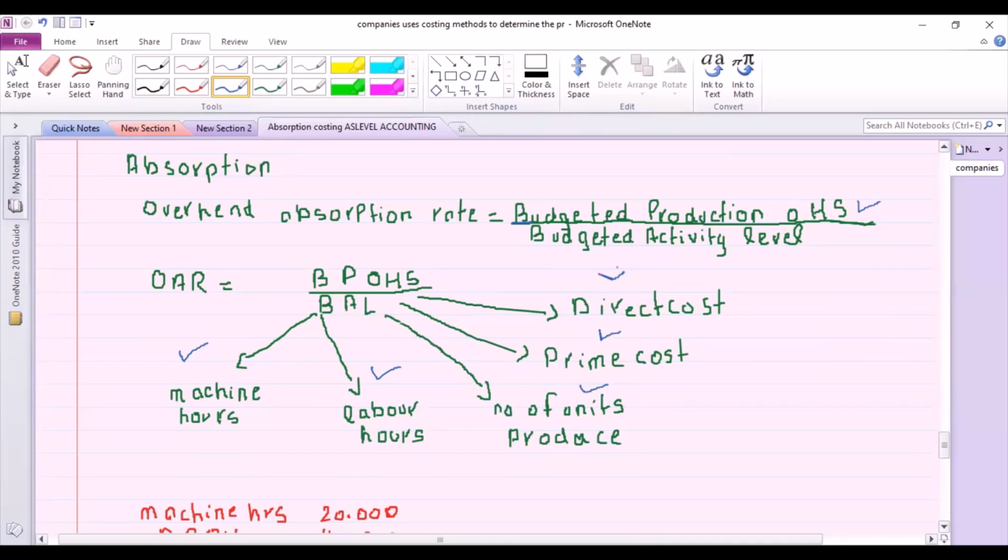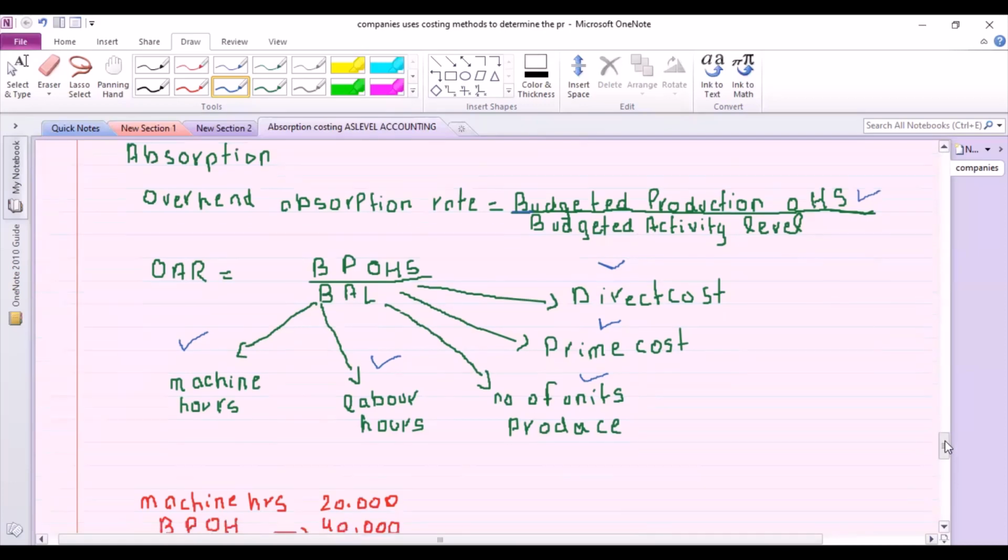There are a lot of budgeted activity levels, BAL. So what we are going to do is divide BPOHS, basically budgeted production overheads, by the budgeted activity level, BAL.